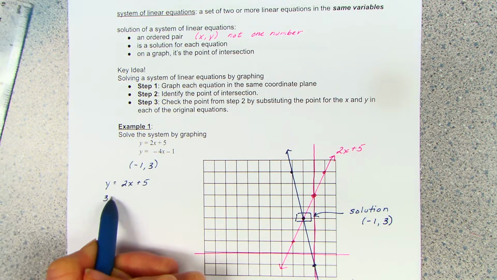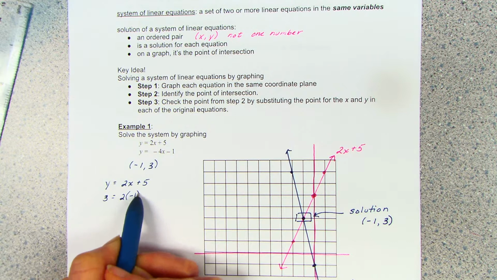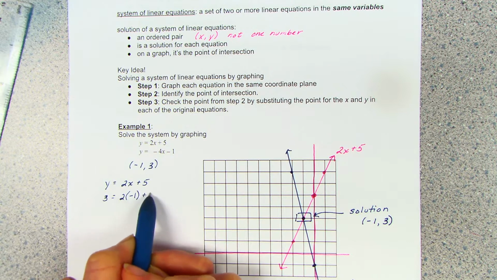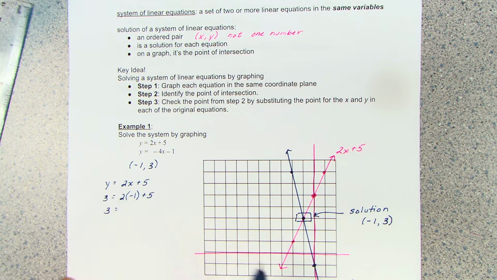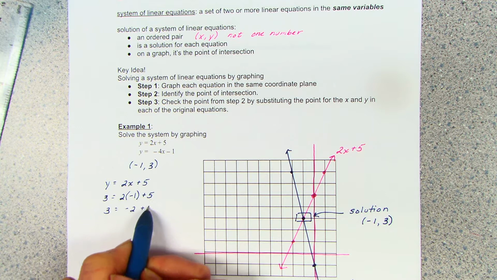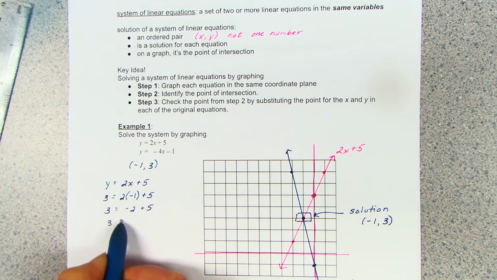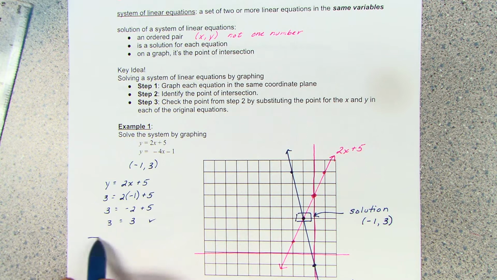So that would be 3 equals 2 times negative 1 plus 5. And 2 times negative 1 is negative 2. Negative 2 plus 5 is 3. So it works for that one.